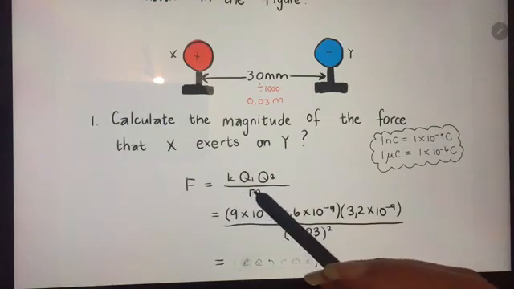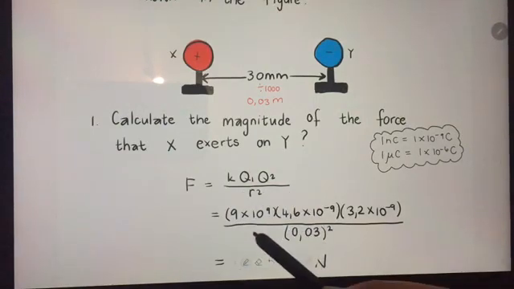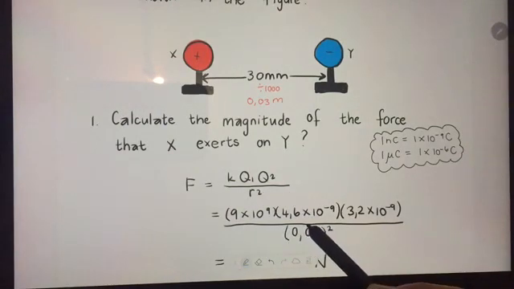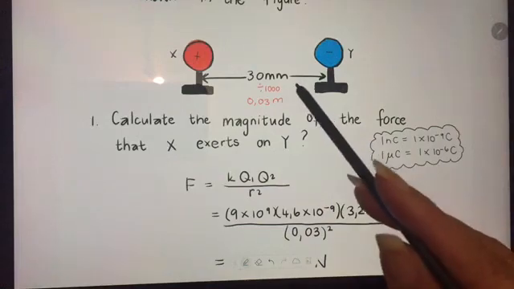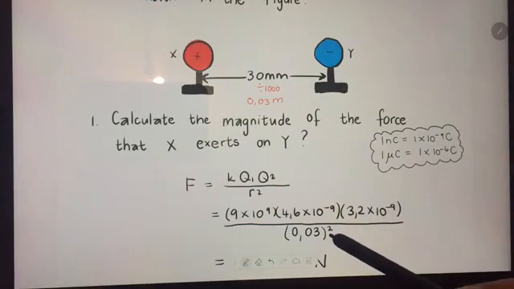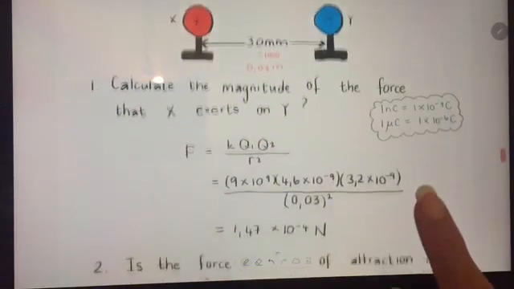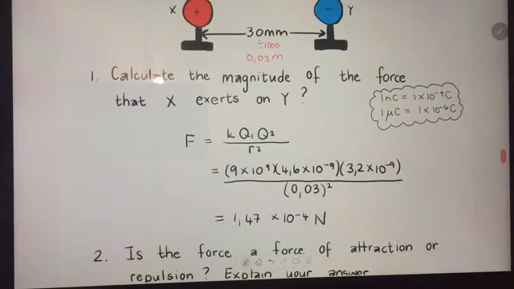So F is k, Q1, Q2 over r squared. The constant I filled in, the charges I filled in, but not the signs once again. The distance between them converts to meters. I've remembered that I have to square it. And the answer that I get is 1,47 times 10 to the power of negative 4 Newton.